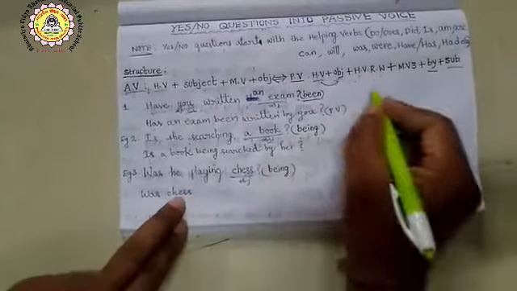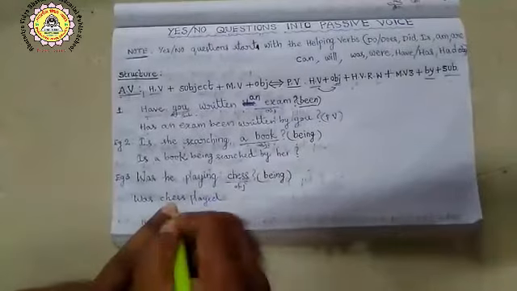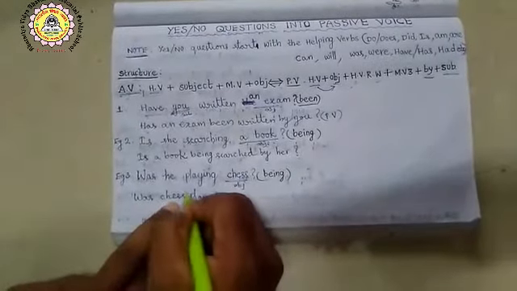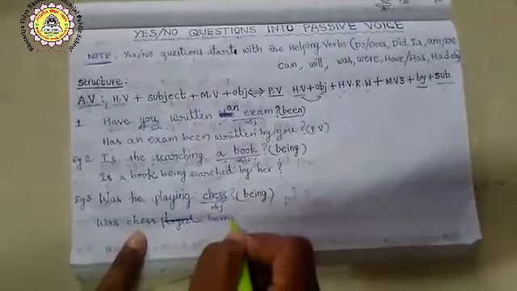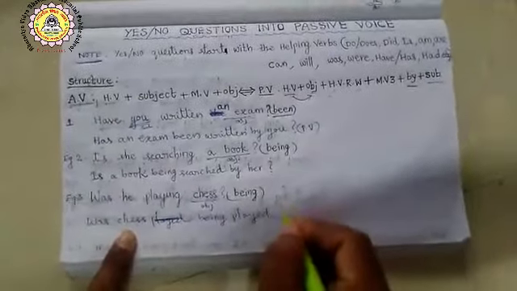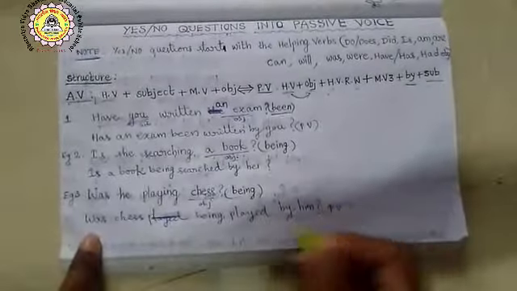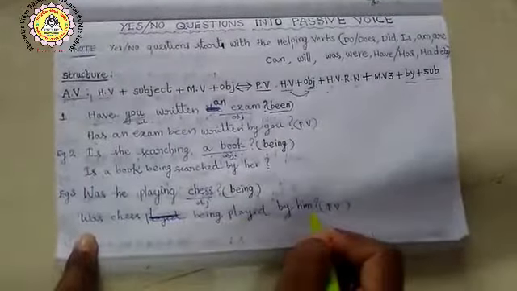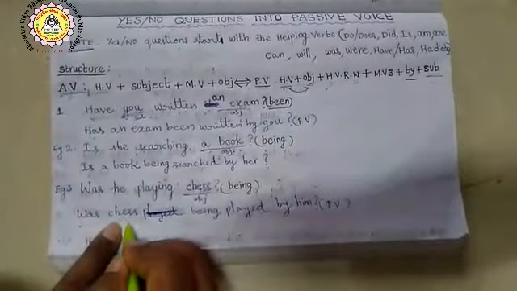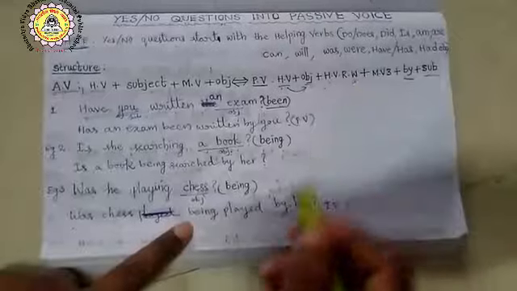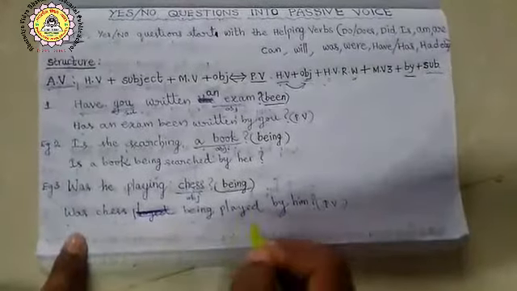Was chess being played by him. Here, was we have taken as the helping verb, then the object chess, then the helping verb related word being, then the past participle played, then by him. The answer is: was chess being played by him.